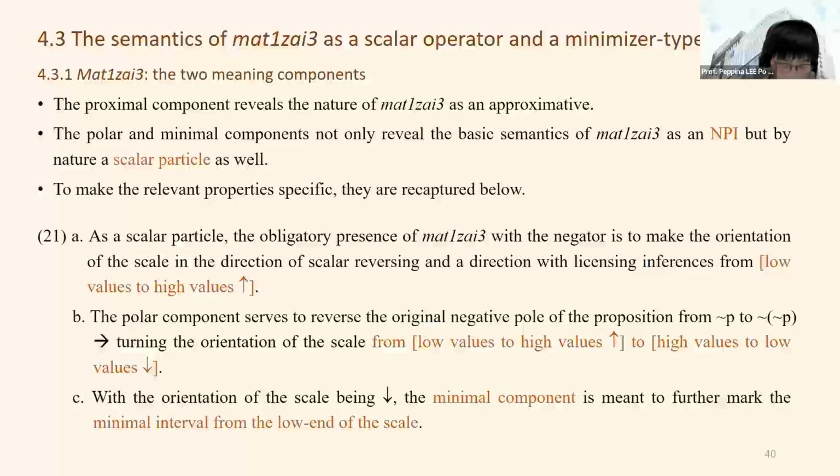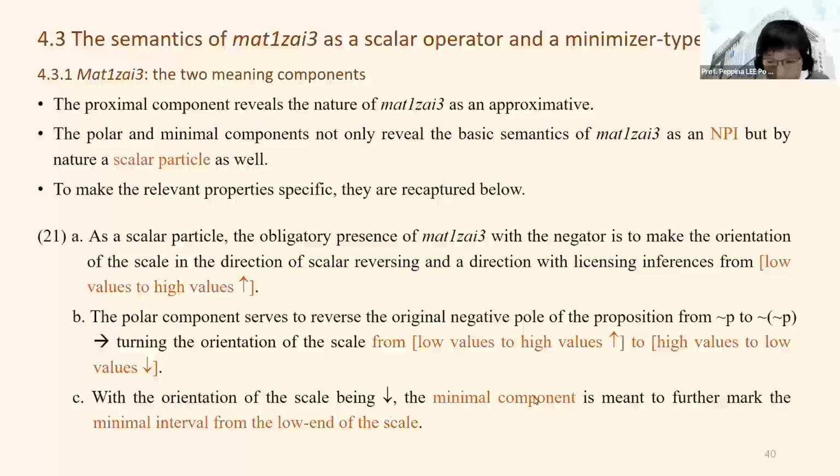To make the relevant properties specific, you can consider 21 over here. First, as a scalar particle, the obligatory presence of Matzai with the negator is to make the orientation go from low values to high values, as shown by the arrow over here. The polar will reverse the direction of the arrow, going from low to high to low, which is the second one. And then how does the minimal component operate? After the polar component, the direction of the arrow landed at the low end.